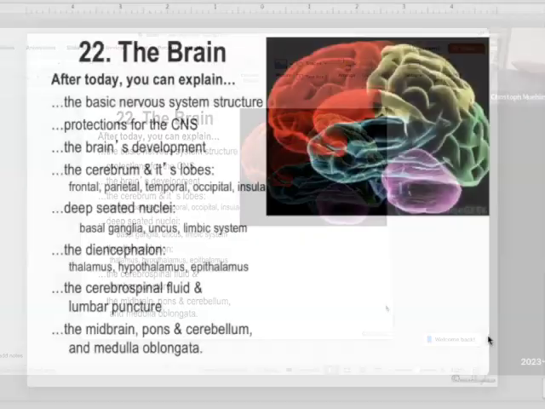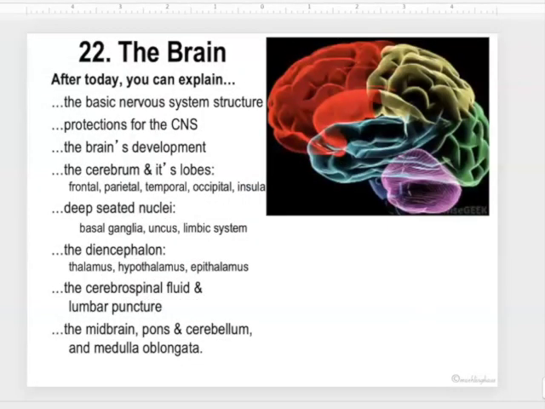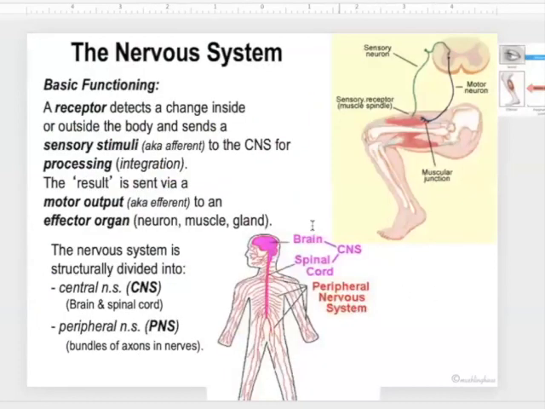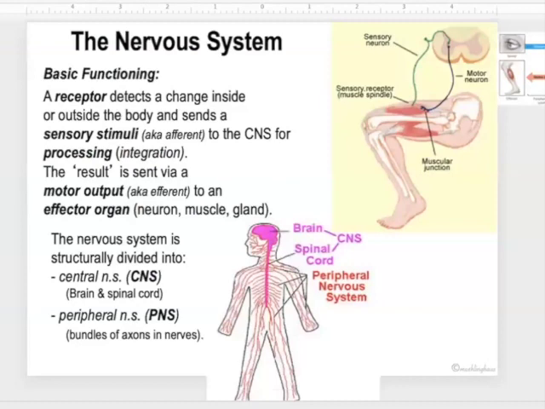Okay. Well, the brain itself really is, once you hopefully understand some of the foundation of how it works, a little bit of the in and out thing, the brain, spinal cord, periphery, then when we get into the brain, it's really a lot about what part does what thing.